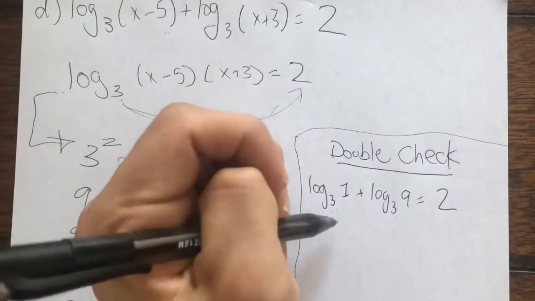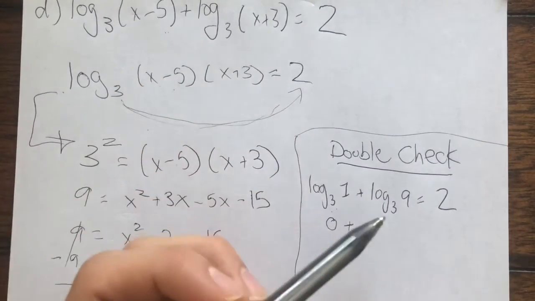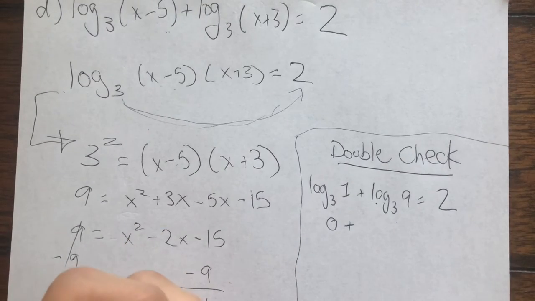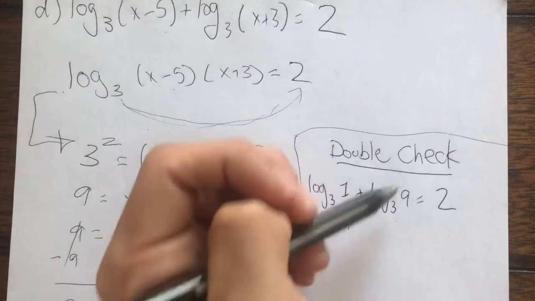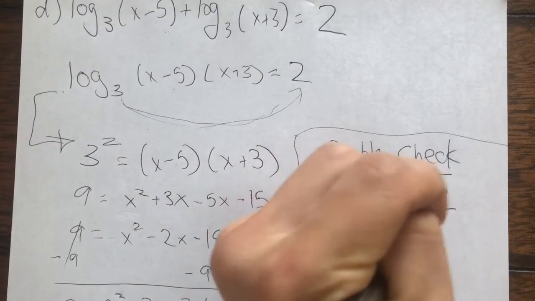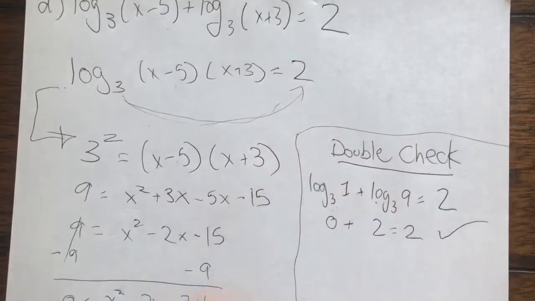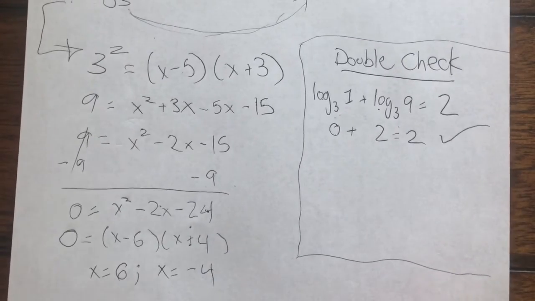So this would be 0, plus log base 3 of 9. 3 to what power gives me 9? 2. So log base 3 of 9 is 2. So 0 plus 2 equals 2.